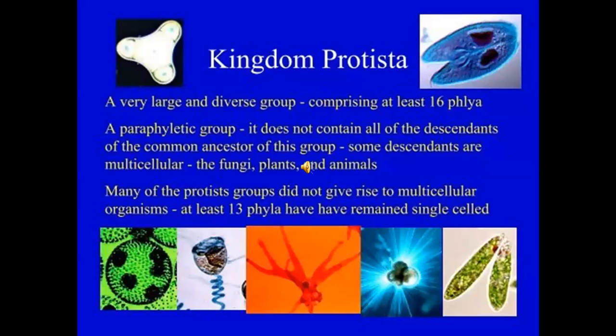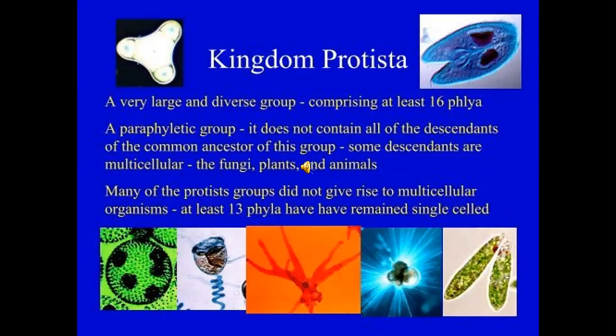Next kingdom, Protista. The kingdom Protista includes unicellular and a few simple multicellular eukaryotes. There are two main groups of protists. The plant-like protists are photosynthetic and are commonly called algae.